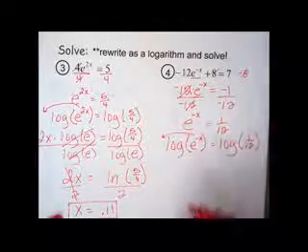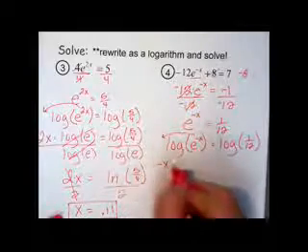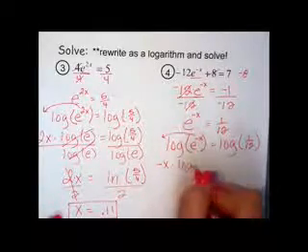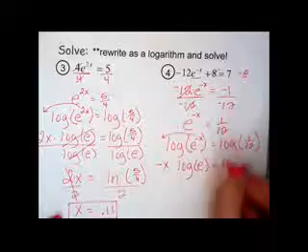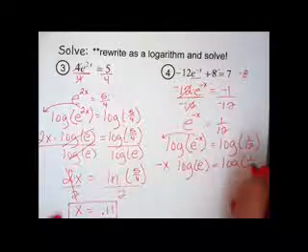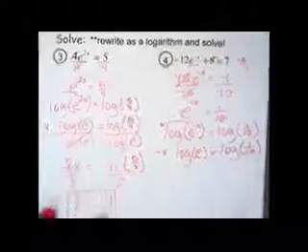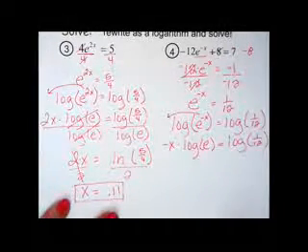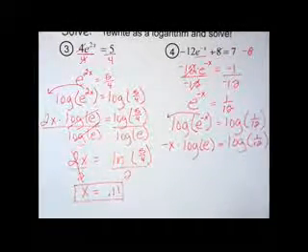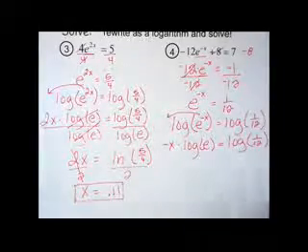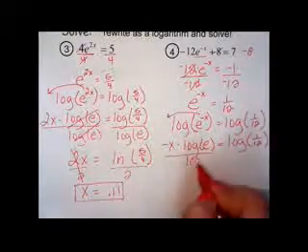The power is now able to be released, so negative x times log of e equals log of 1/12. All right. Now we divide both sides by log of e.